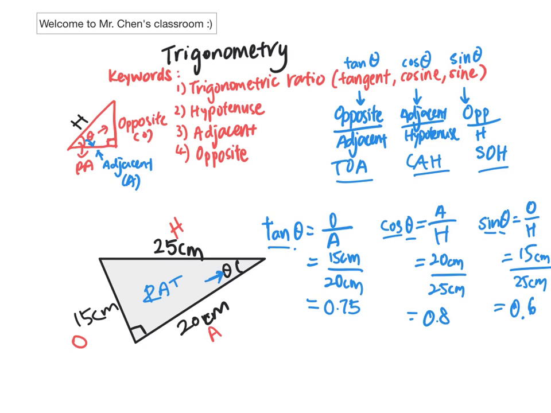Now the next question will involve one missing length. Let's pretend one of the lengths is not given. How are you going to do that?